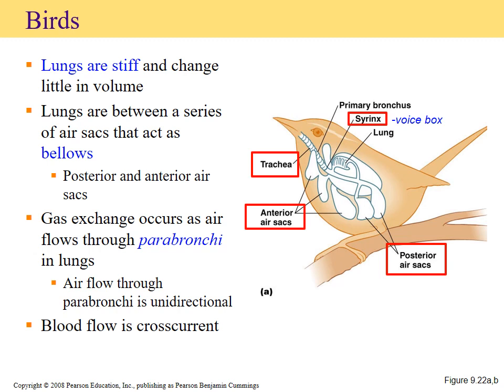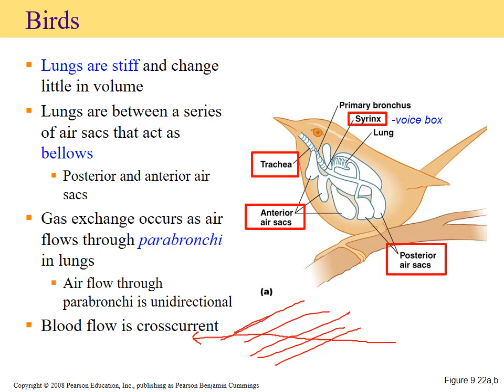Also, I want to highlight the fact that when we look at the blood flow, it is not counter-current. It's what we call cross-current. Cross-current means that instead of running anti-parallel, it will have almost a diagonal type of movement. So, for instance, on your little screen, I know it seems like I'm just drawing some random lines, but this will represent my blood flow, and then the airflow will move through it in a linear aspect.